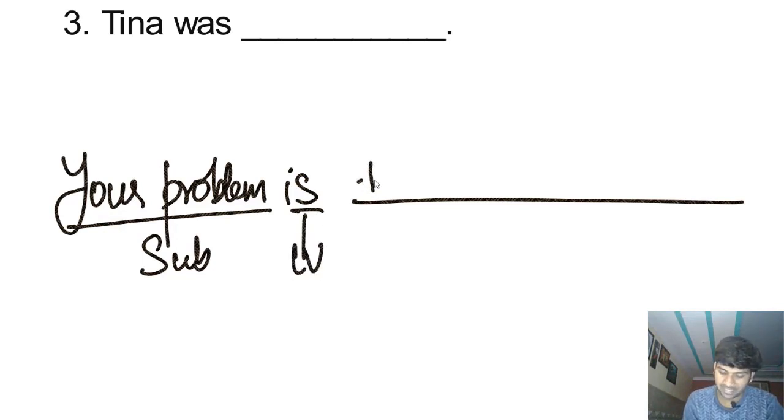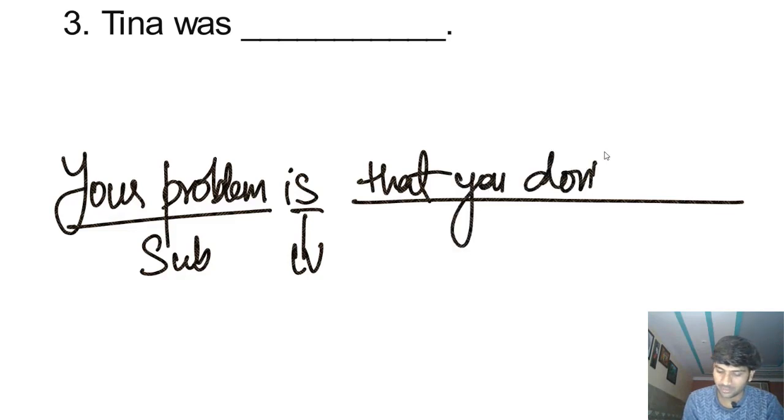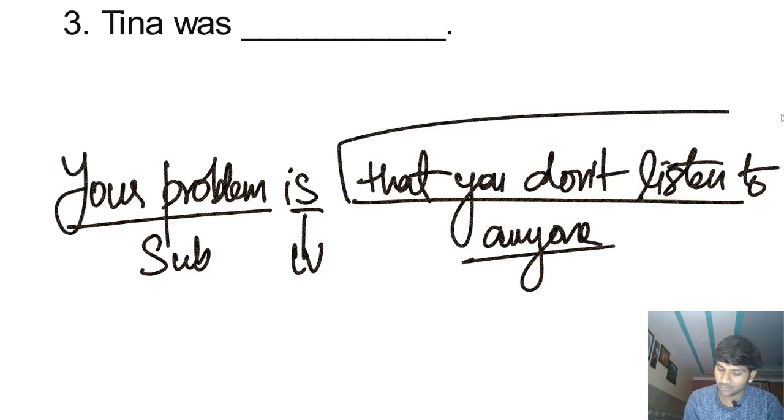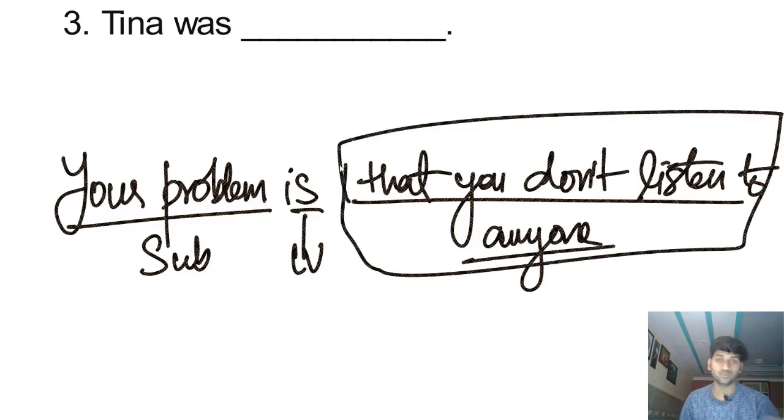Your problem is that you don't listen to anybody. You don't listen to anyone. Now this is a noun clause. This entire thing is a noun clause working as the subject complement, renaming the subject. So your problem equals that you don't listen to anyone. This is your problem.